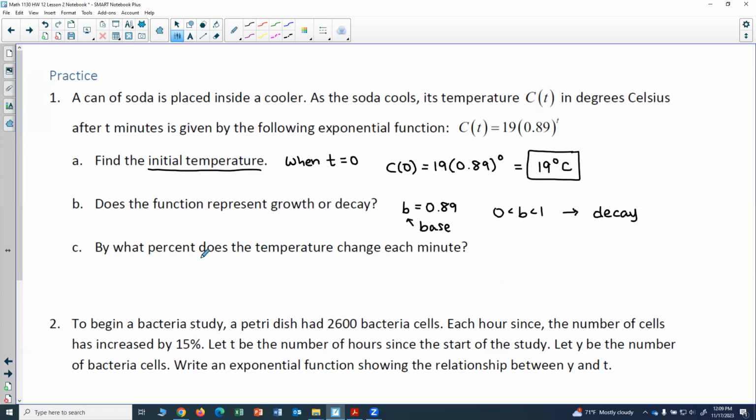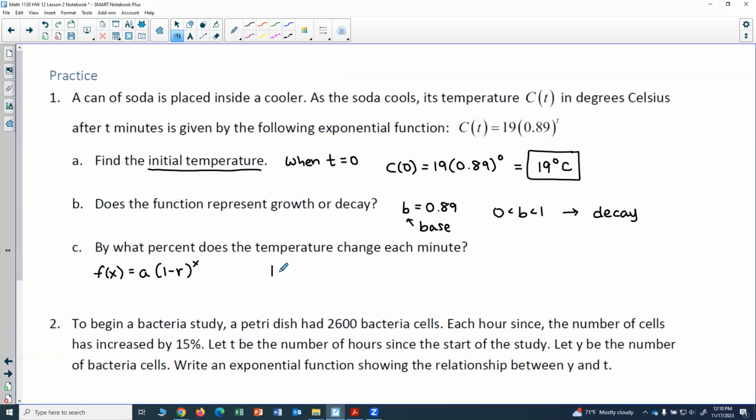By what percent does the temperature change each minute? So I know that that base, if I look at my exponential decay model, f of x equals a times 1 minus r to the x power. That's my general exponential decay formula.